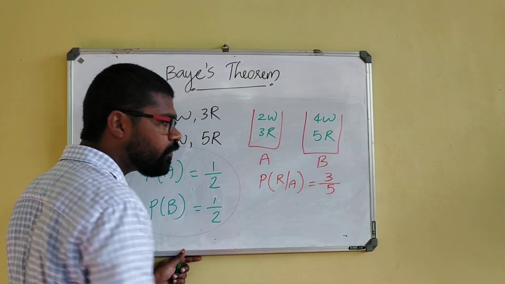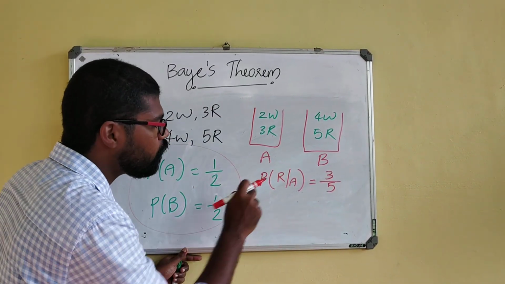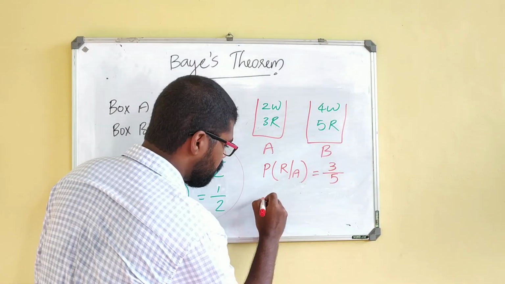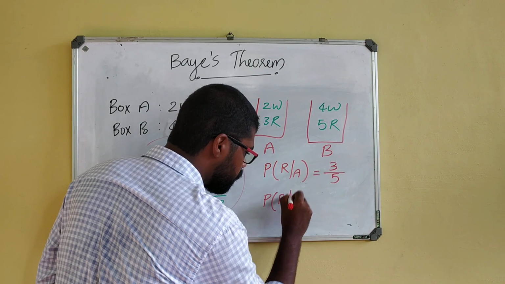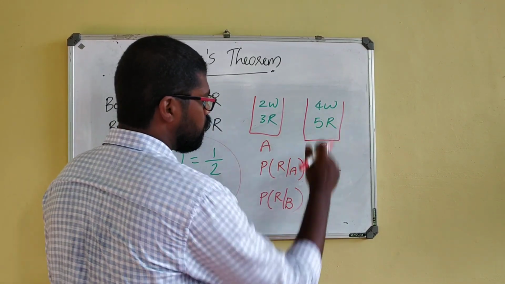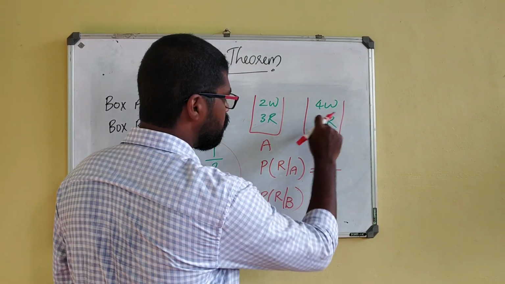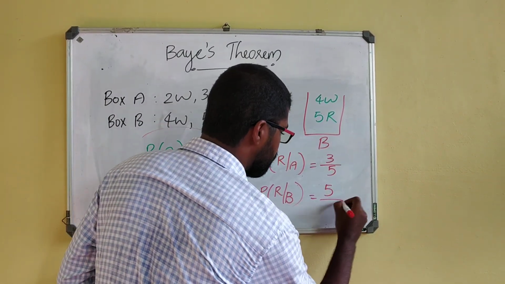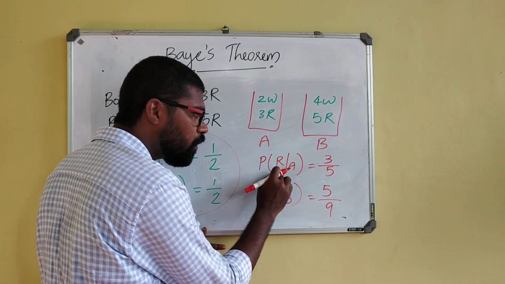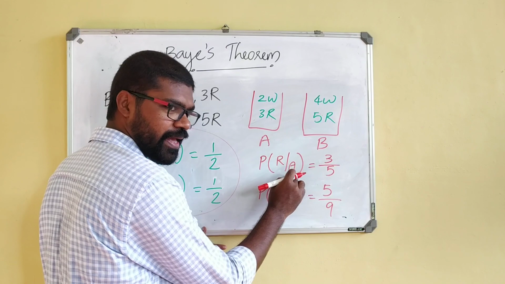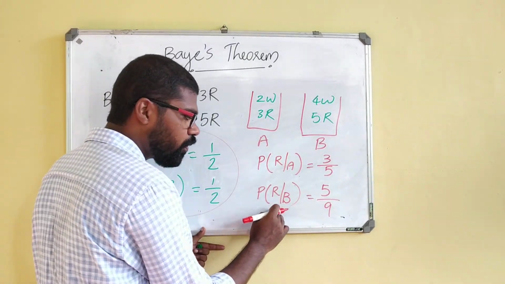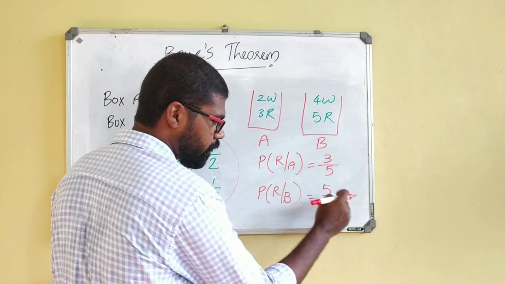So 3 by 5 will be the probability of choosing a red ball given it is from box A. And what will be the probability of choosing a red ball from box B? We have 5 red balls and total balls are 4 plus 5, that is 9. So the probability of choosing a red ball from box A is 3 by 5, and from box B is 5 by 9.